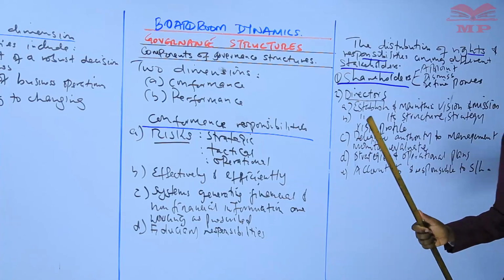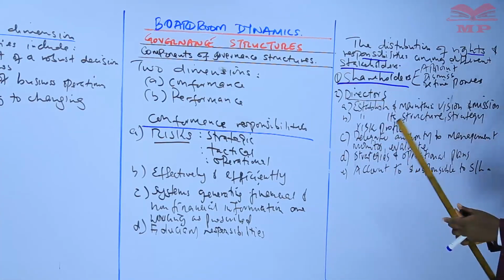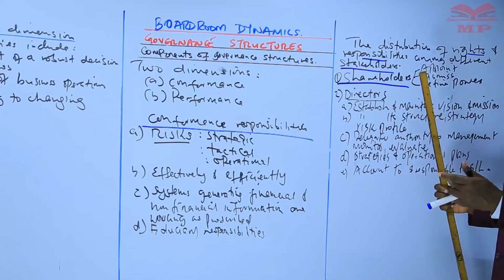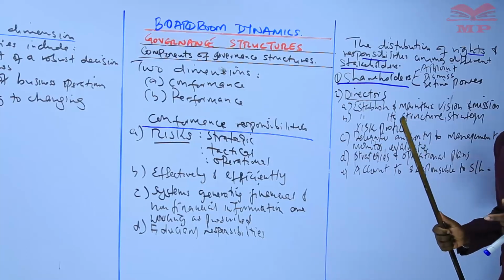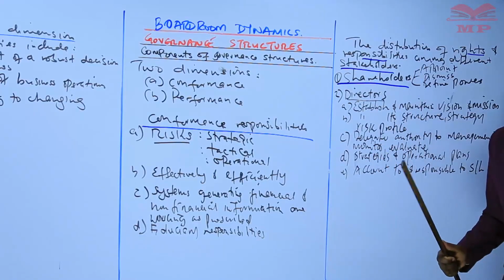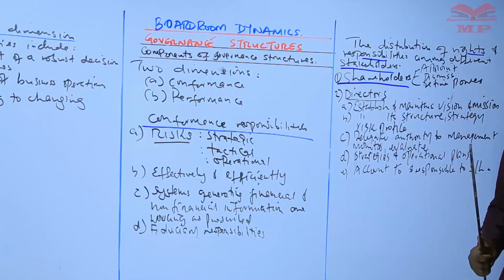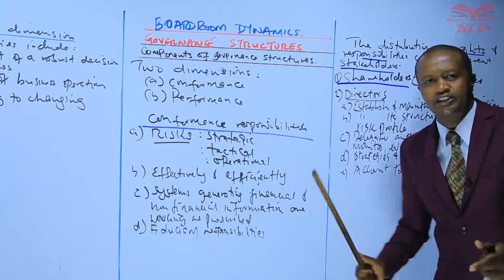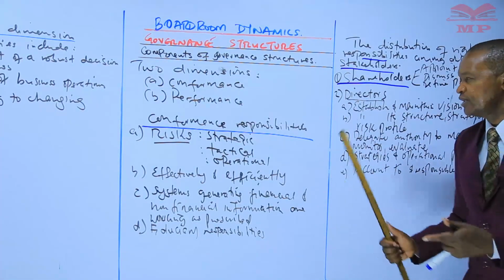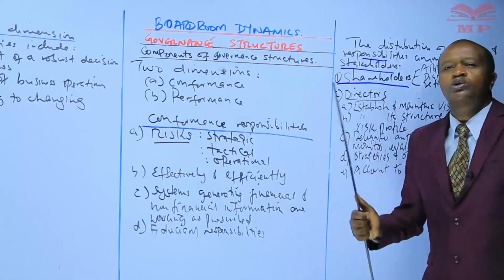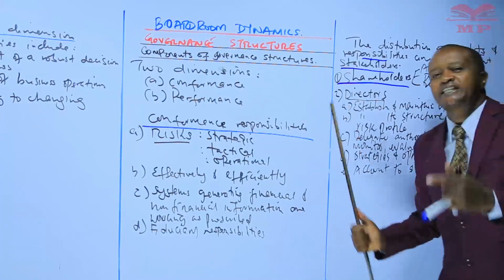And when it comes to the management of the board, there are various key issues that should be defined within the governance structure, like the role of the chairman, the frequency of board meetings, the management of the board agenda, the nature of information that is to be provided to the board or to the directors, what we call information architecture.